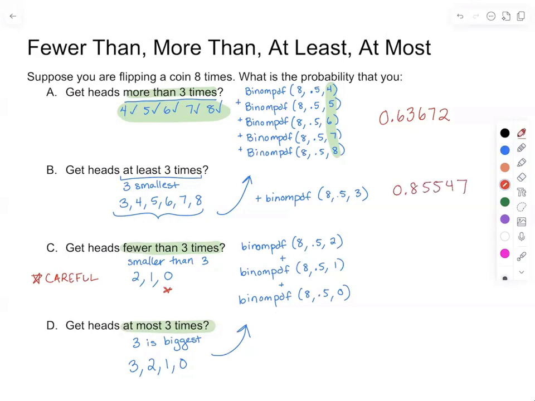And that makes sense because we've added on one more probability. Fewer than 3 times should be 0.14453. And at most 3 times is going to be 0.36328. And again, it's slightly bigger because we've added on one more probability to that one.